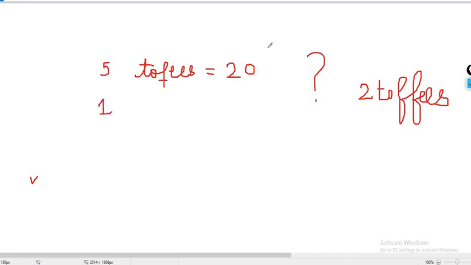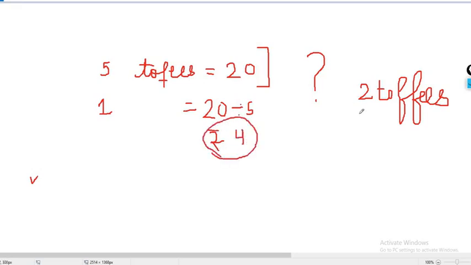From this information you will first find the value of 1 toffee. How? You will divide 20 by 5. Okay, you divided 20 by 5, you get the cost of 1 toffee, which is 4, and you want to buy 2 toffees, then you can simply say 4 multiplied by 2 is equal to 8. So this is how beta you can face these situations in your practical life too.